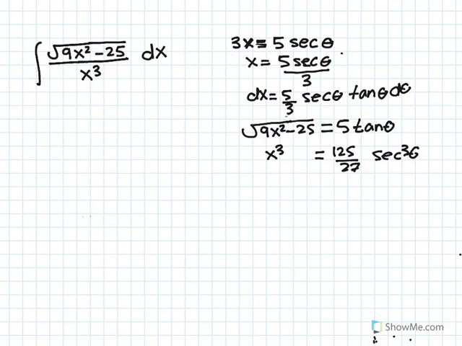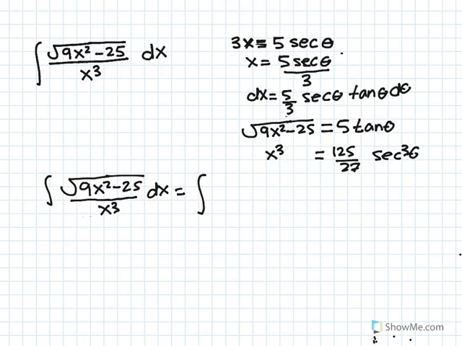So what we have shown is that the integral of the root of 9x squared minus 25 divided by x cubed dx is equal to the following trig integral. 5 tan theta, that's the numerator, the root of 9x squared minus 25.